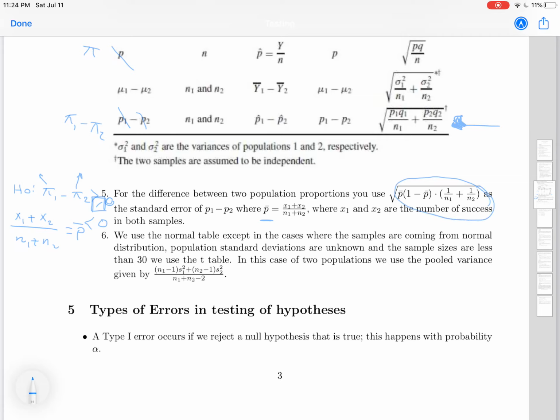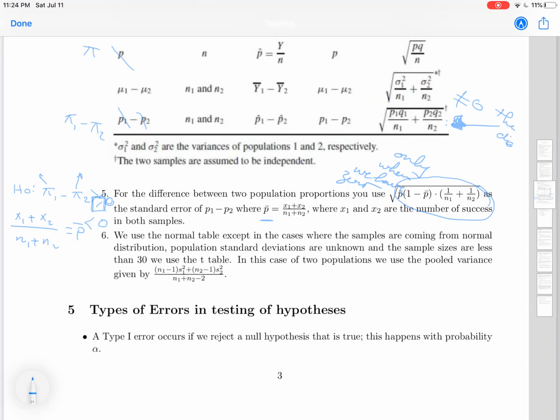It's very similar to the pooled variance. So I know that I have one population and a second population. From the two samples, I'm going to find the number of successes in the first sample plus the number of successes in the second sample, divided by n1 plus n2. This will give me P bar. Once you get P bar, your standard error is going to be of this form.